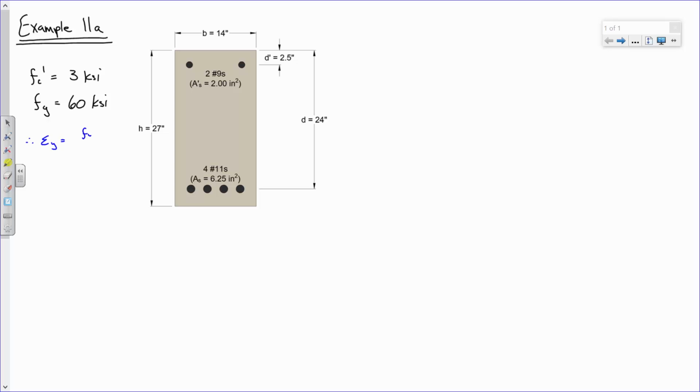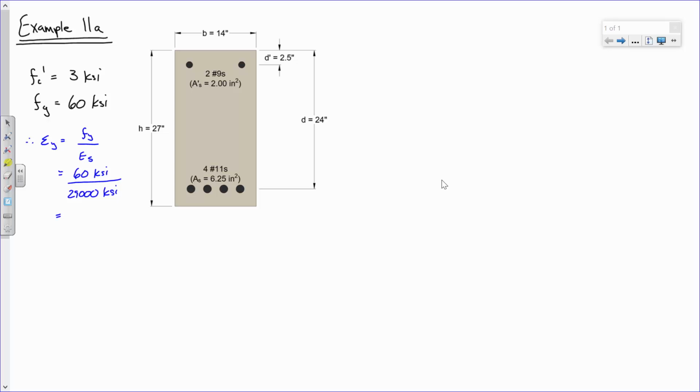And so that's Fy over ES. So that's 60 KSI over 29,000 KSI. Don't forget that little K and that little S and that little I. Don't forget to write those letters out.